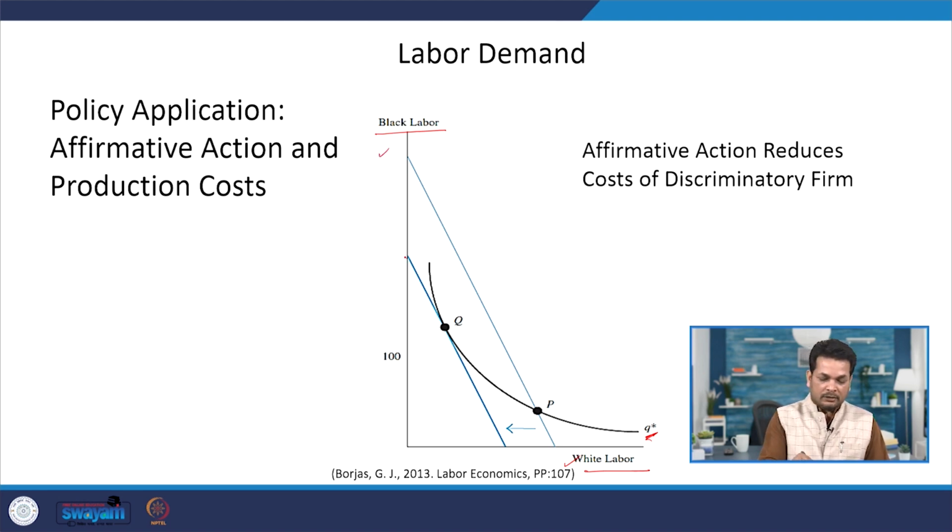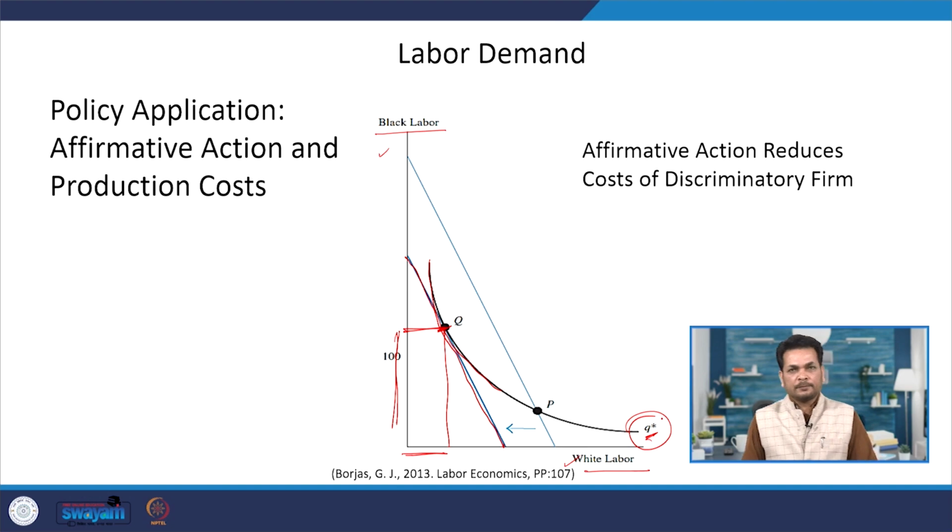This is the isocost line, and it is tangent to this isoquant at point Q, which means the farm is hiring this much of black workers and this much of white workers in order to produce Q star amount of output.